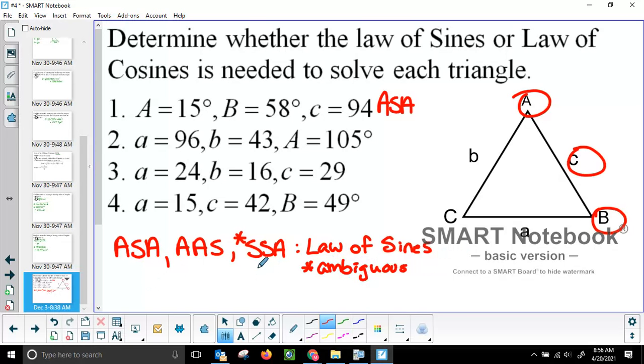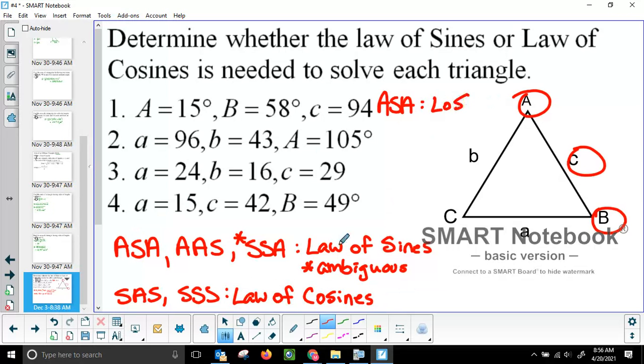That's when you have to find your H and start comparing things to determine whether you have none, one, or two triangles. And then side, angle, side, and side, side, side are law of cosines. So here we have angle, side, angle, right down here. So I know that this is law of sines. I'll just abbreviate it LOS.